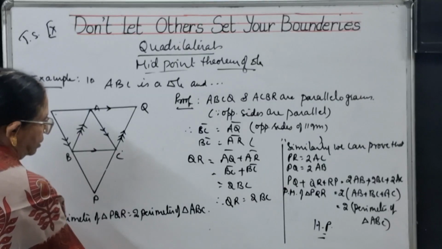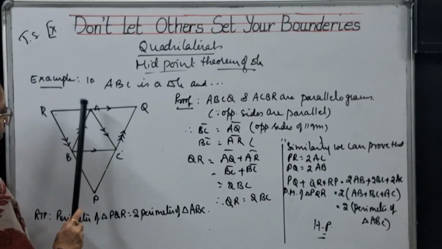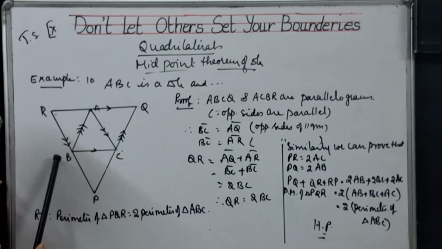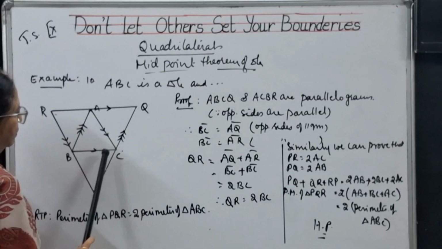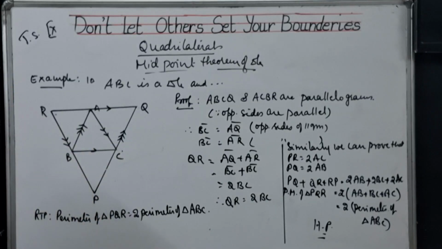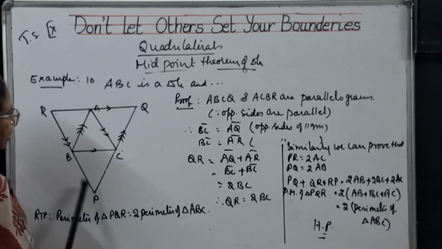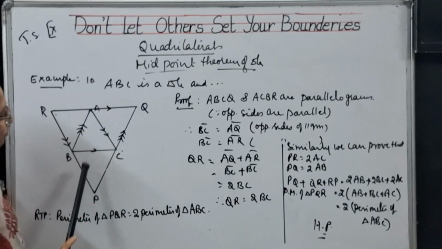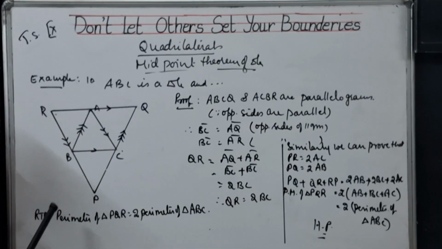Once again, children, there is a triangle ABC, and through A, QR is drawn parallel to BC, PR is drawn parallel to AC, and PQ is drawn parallel to AB. Now we need to prove that the perimeter of triangle PQR is 2 times the perimeter of triangle ABC.